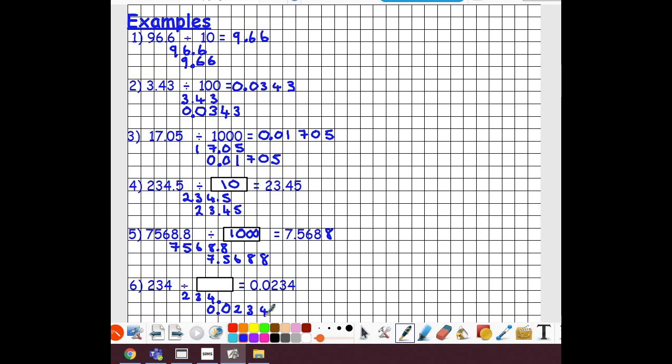So our 2 this time has moved 1, 2, 3, 4 places. This moved 4 places. What do we think would be the answer this time? 3 places is 1,000. This one is actually there to stretch you a little bit. It would have actually been divided by 10,000.